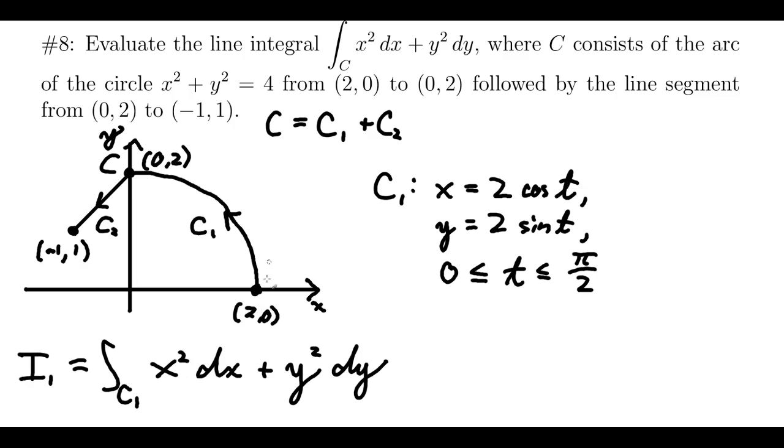So the first part, x squared dx, we're starting at an x of 2 and steadily dropping toward 0. For y squared dy, we're starting at a y value of 0 and steadily increasing to 2. They're at the same rates but opposite directions, right? The beginning of this path is basically the end of that path, except in the opposite direction.